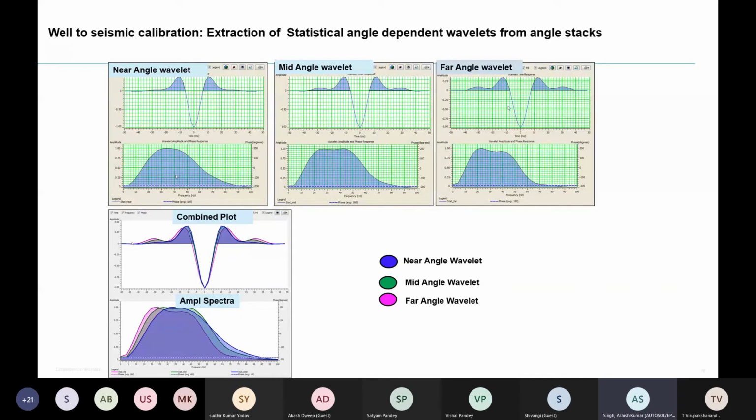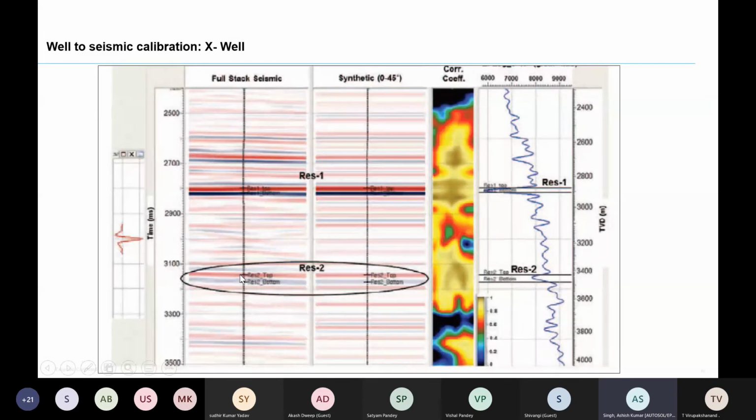These are initial wavelets. It is not the real true wavelet. When we apply the well to seismic tie and calibrate, and again extract the wavelet from the data, the shape of the wavelet will change. That will be your estimated wavelet.